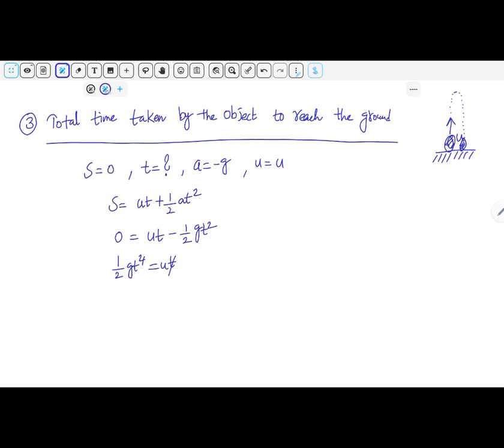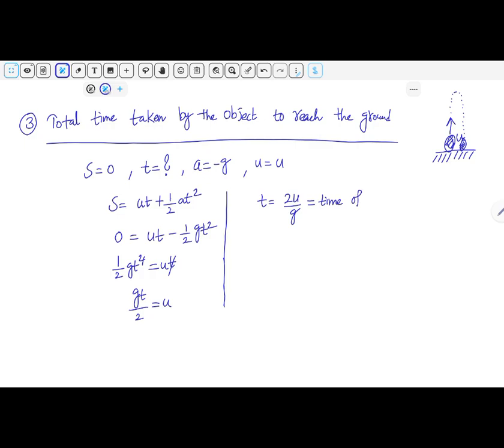What you will have now is gt/2 = u. I want to find t, that's why I need to keep t on the LHS and send the remaining terms to the RHS, so that I will get t = 2u/g. We call this time the time of flight.